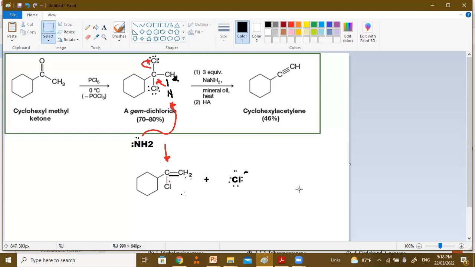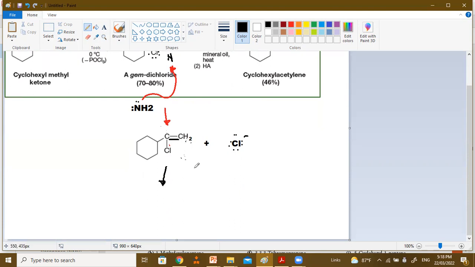Okay, so you have your amide again. Para magkaroon ng double bond, draw the hydrogens.